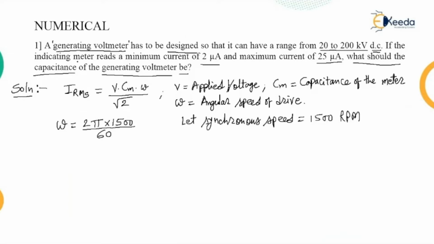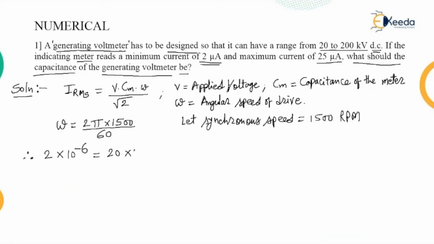Now the meter is reading 2 microampere. So therefore, 2 into 10 raised to power minus 6, with the voltage being 20 kilovolt.